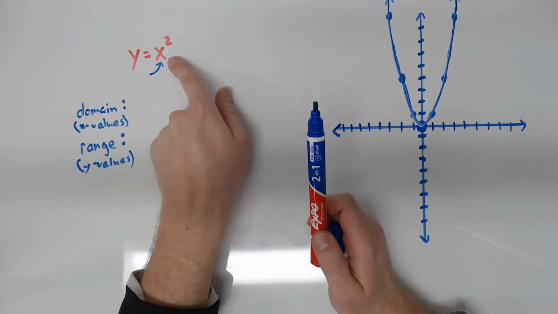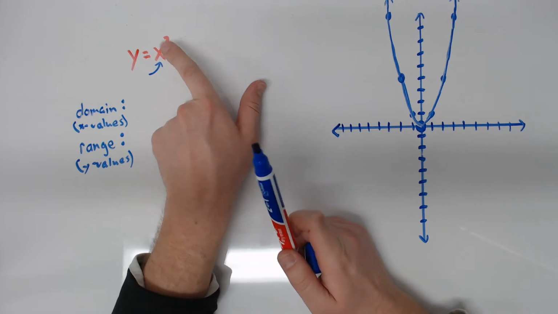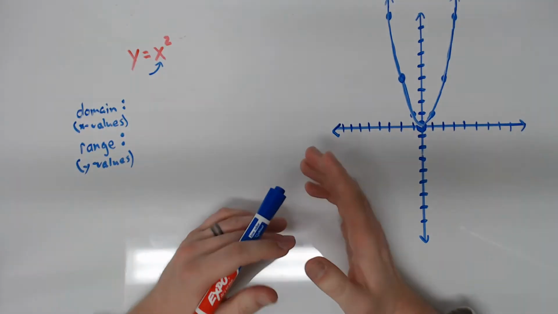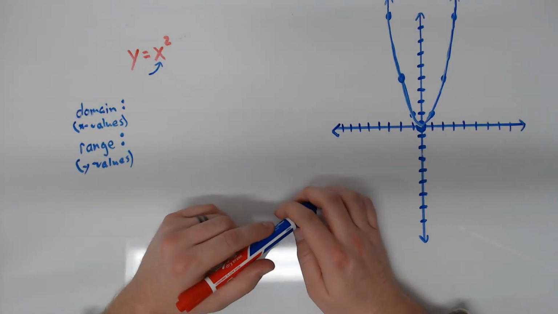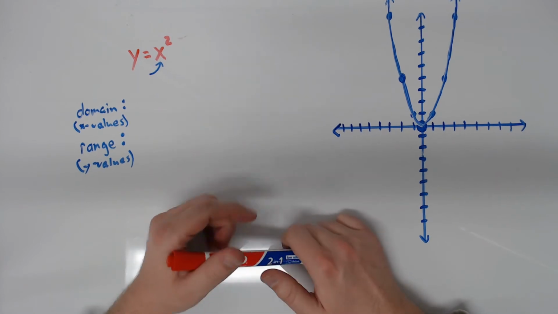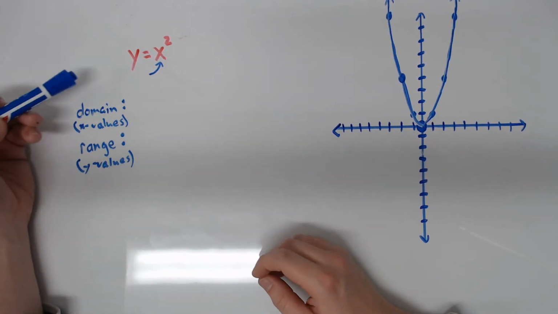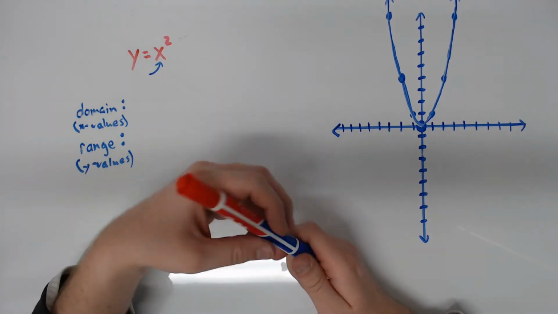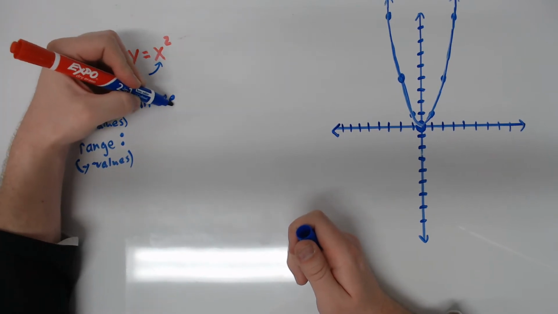If you think to yourself, squaring something just means multiplying it by itself. Is there any number I'm not allowed to multiply by itself? I can do 1.5 times 1.5, so I can do decimals. I can use negative numbers, like negative 3 times negative 3 would be positive 9. Obviously, I can use positive numbers. There are no illegal x values here, so domain is going to be all reals.